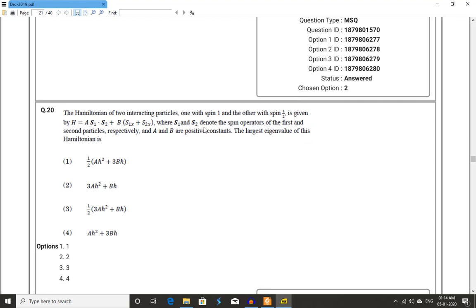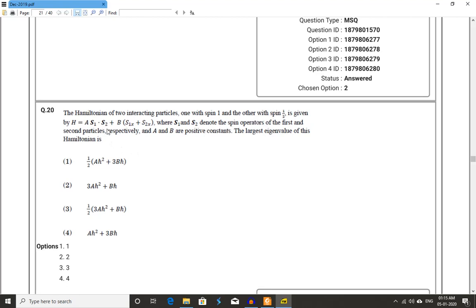Whenever you see S1.S2 or L1.L2 or some dot product of two angular momentum vectors, the question that should come to your mind is the addition of angular momentum concept. That is not Clebsch-Gordan I am saying.